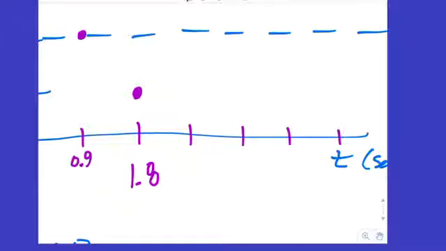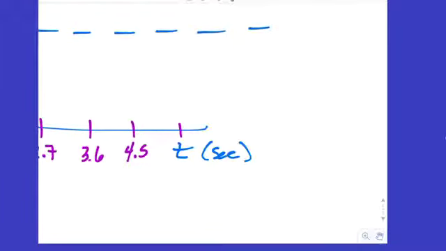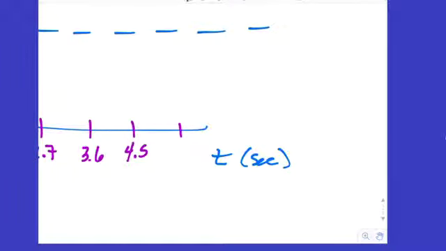Okay, so let's just keep adding 0.9 then. And without a calculator, maybe you can help me. 1.8 plus 0.9 is 2.7, and then plus another 0.9, 3.6, and then 4.5. I spy a pattern. I got room for one more, so let's go ahead and add it. The next one would be 5.4.